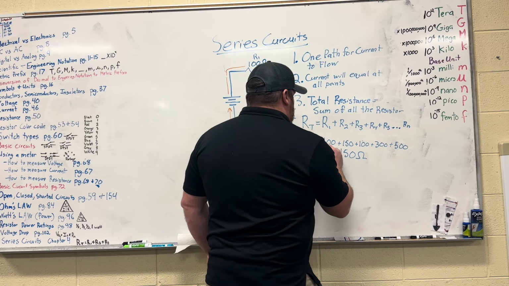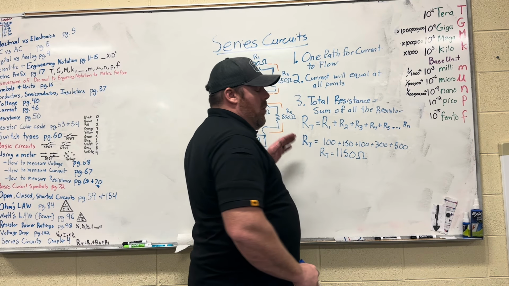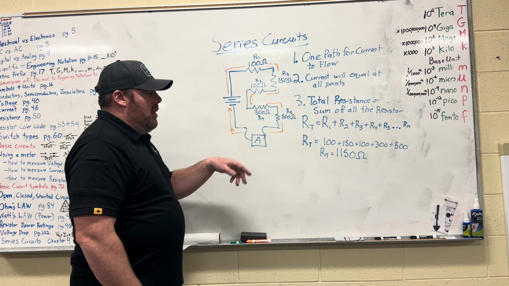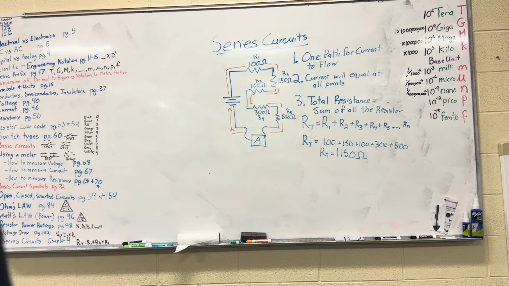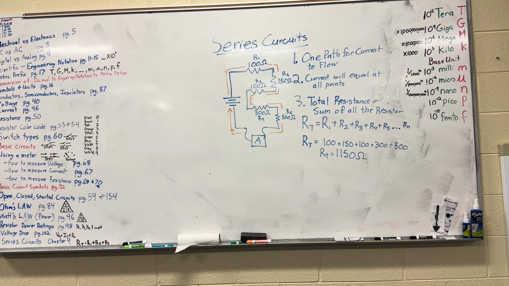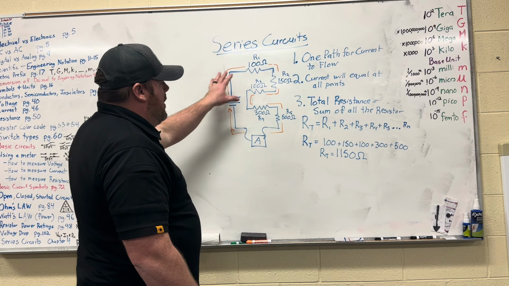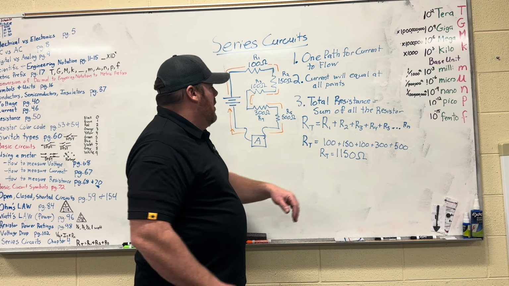So the total resistance, RT, total resistance for this particular series circuit would be 1150 ohms. I'm just gonna double check that real quick. Yes, the total resistance of this complete circuit would be 1150 ohms.